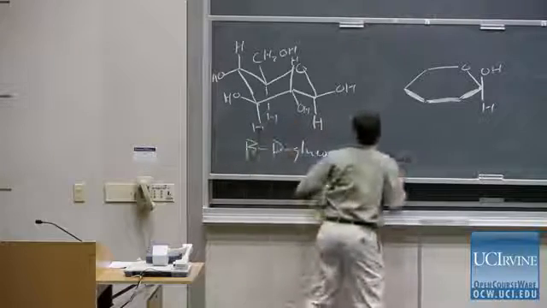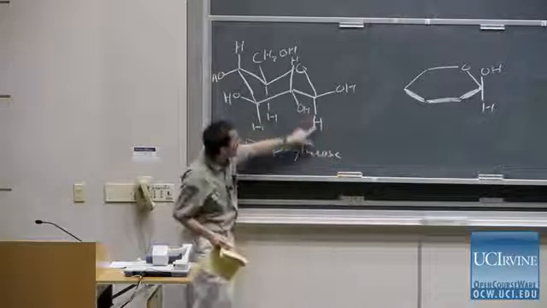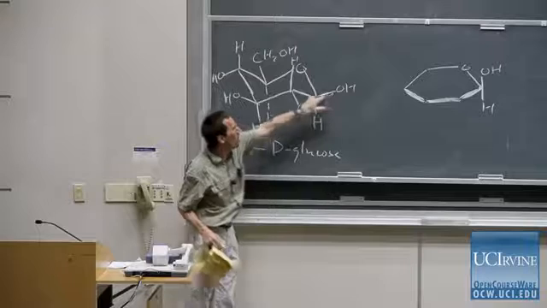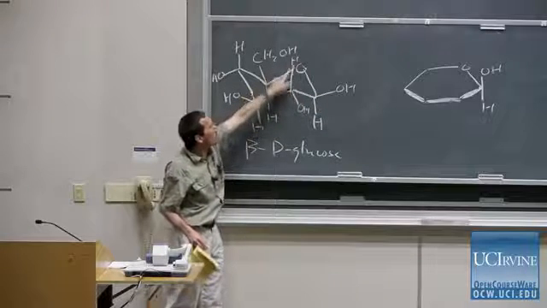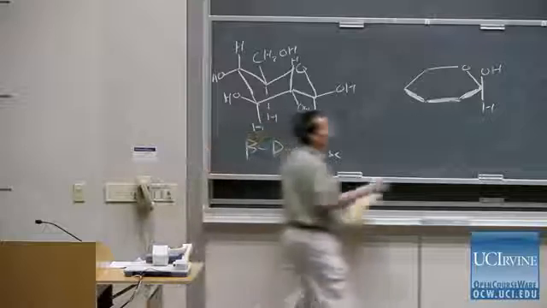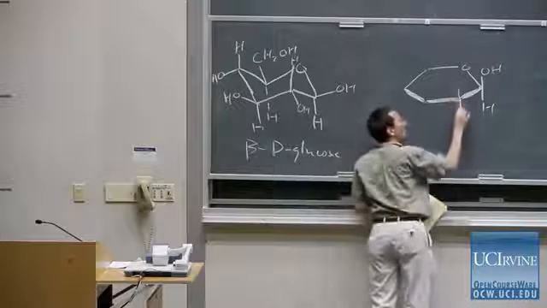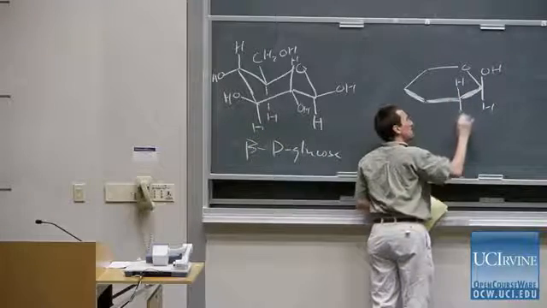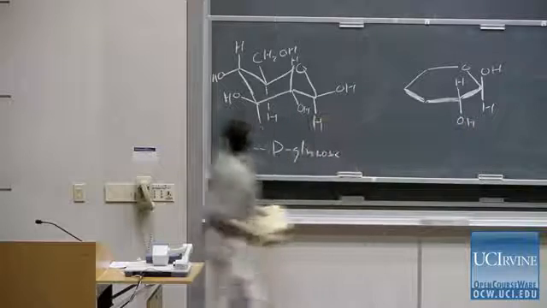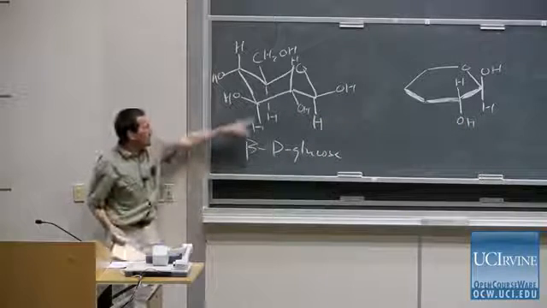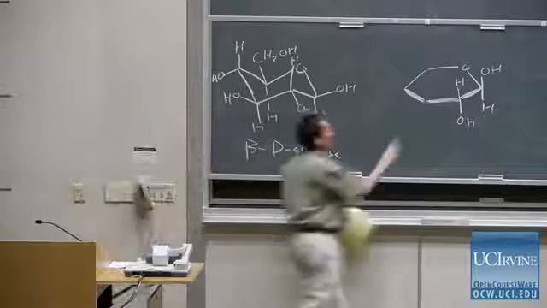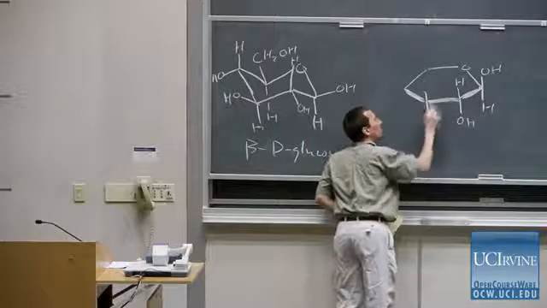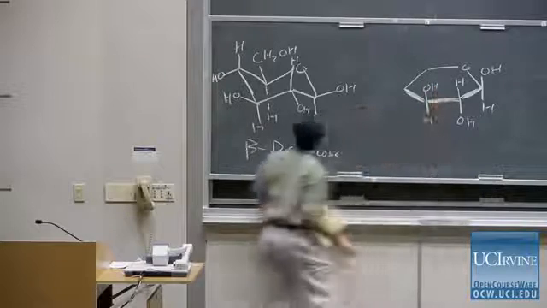We can take our next position. Remember, we have our hydrogen down, our OH up. We can take our next position. We have our hydrogen up and our OH down. So we can represent that like this. We come to our next position. Now the hydrogen's down, the OH is up. So we can represent that like this.